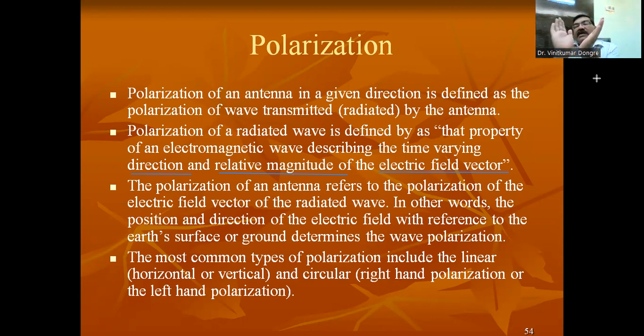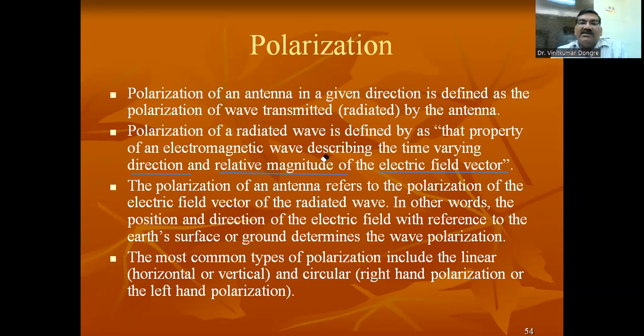For polarization understanding, we are considering the electric field. The direction and magnitude of the electric field vector we are considering here. Now here, this is the polarization of this antenna. Okay.